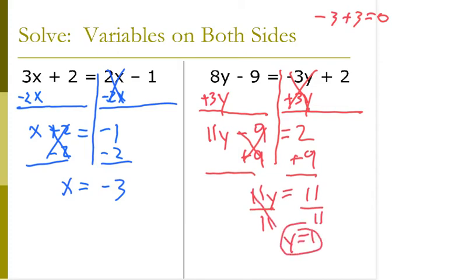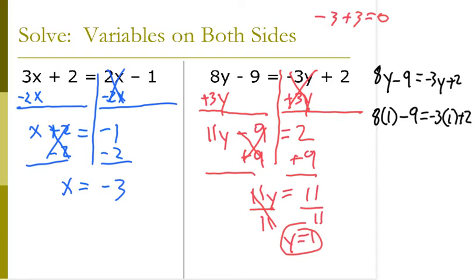And just so you have enough examples of how to check your work, we're just going to work this one out too. So 8y minus 9 equals negative 3y plus 2. If we substitute 1 where the y is in all the places that the y is, so 8 times 1 minus 9 should give us the same value as negative 3 times 1 plus 2. 8 times 1 is 8.